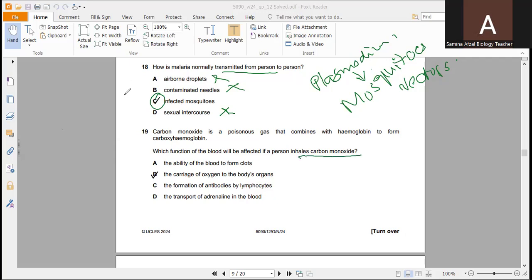When carbon monoxide combines with hemoglobin, they form carboxyhemoglobin.